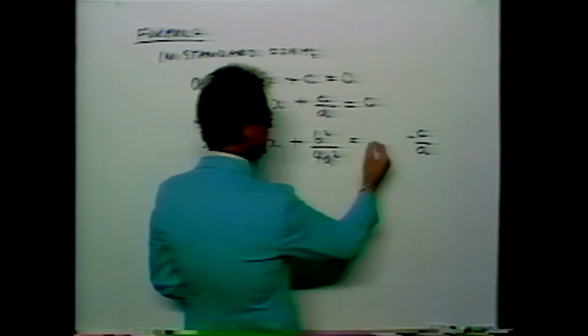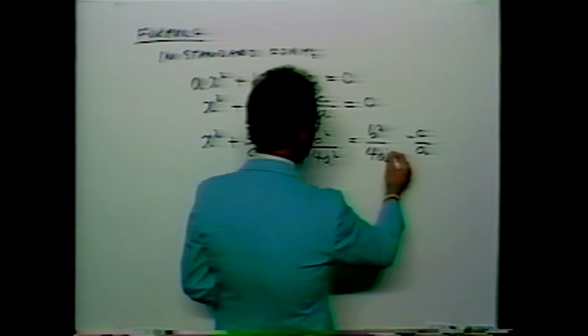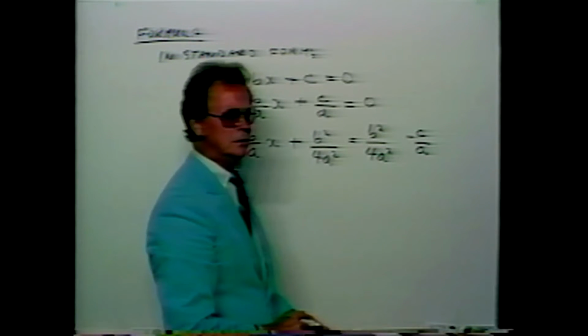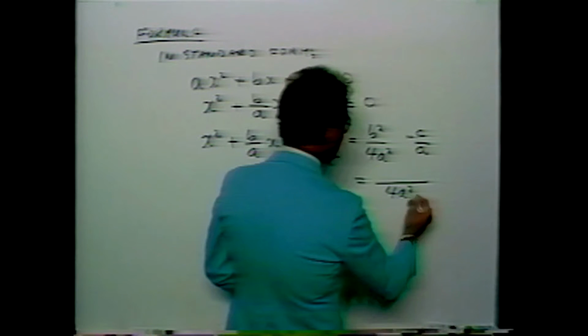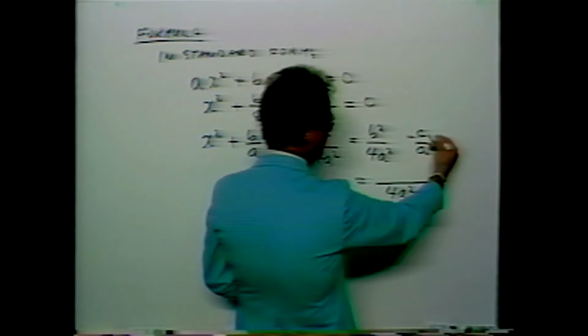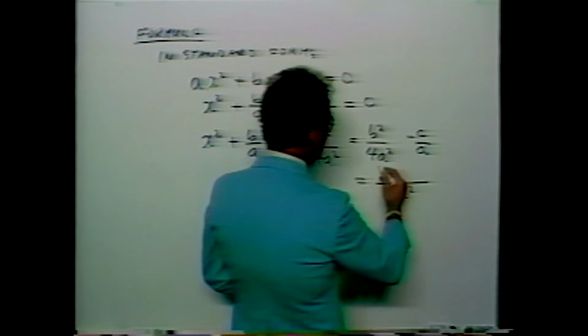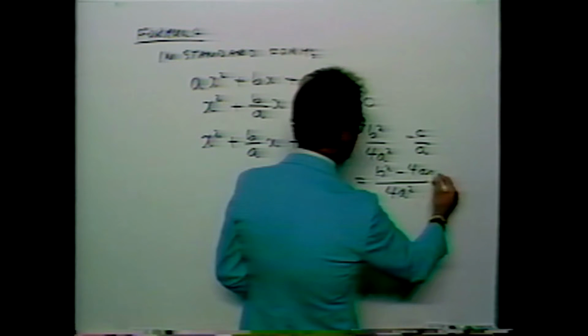And add that amount to both sides. These two fractions on the right should be added. On the right, the common factor will be 4a squared. 4a will have to be multiplied by minus c. And we'll end up with b squared minus 4ac.